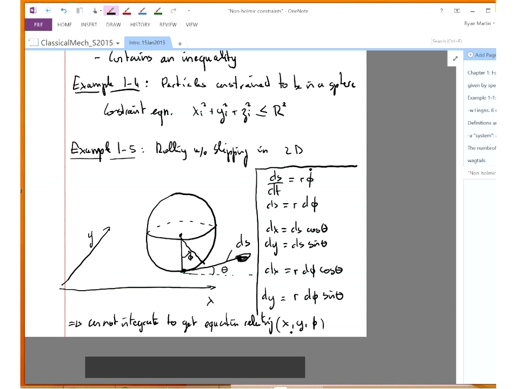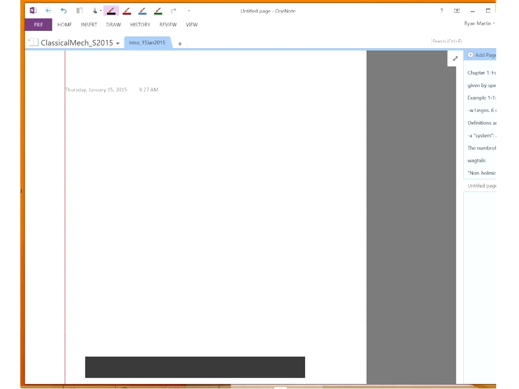It's possible to take different paths, end up at the same point, and have the sphere at a different rotation than it was initially. So it's somewhat intuitive that you can't get a holonomic constraint out of it. x, y, and phi are somewhat independent. All right, so that's an example of a non-holonomic constraint.